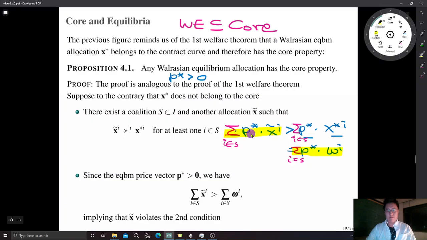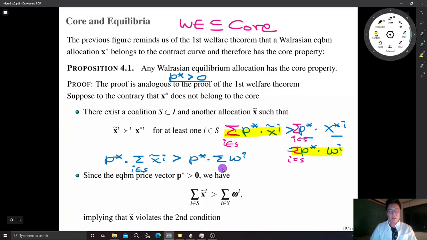And then remember P star is strictly positive, so we can rewrite this. P star dot the summation of X tilde is larger than P star dot the sum of omega i inside the coalition.